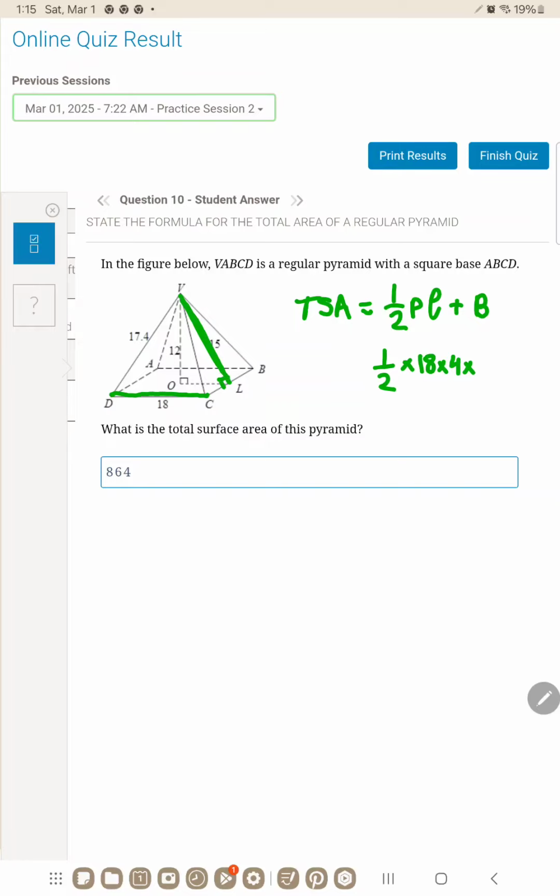It's the one that's perpendicular to the side, so times 15, plus the area of the base, which is 18 squared, because it's a square. Put all this in your calculator. You're supposed to get the answer 864, but let me do it really quickly on mine to make sure.